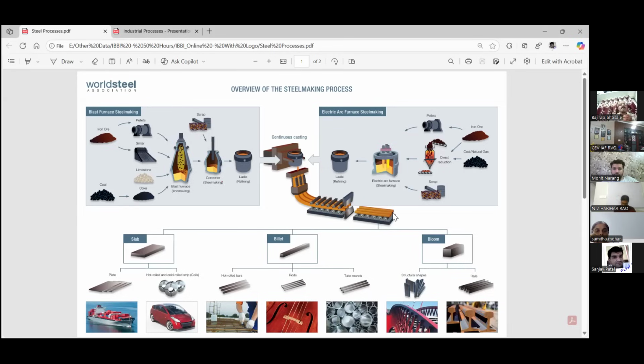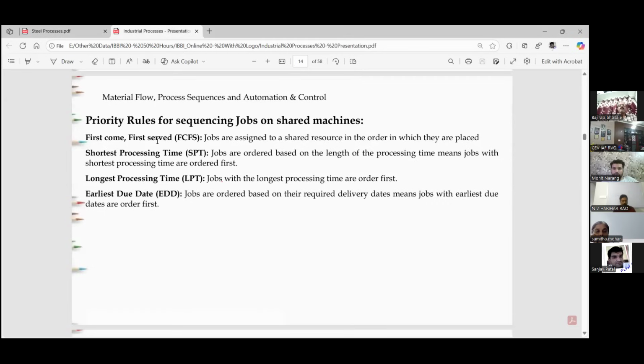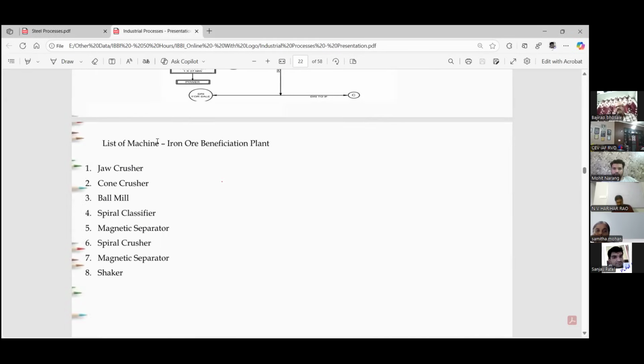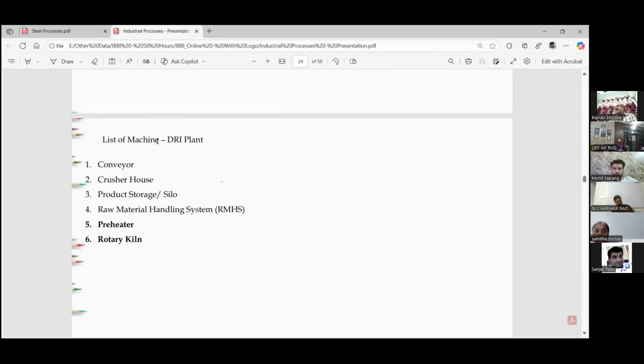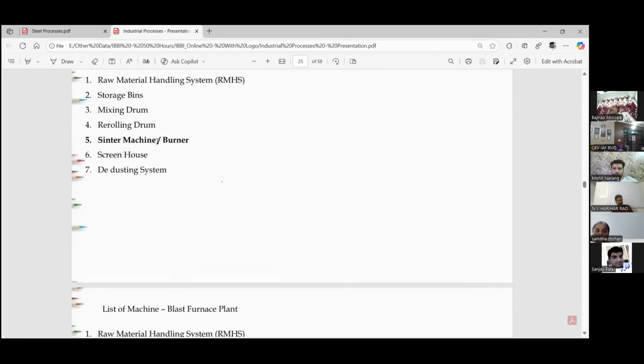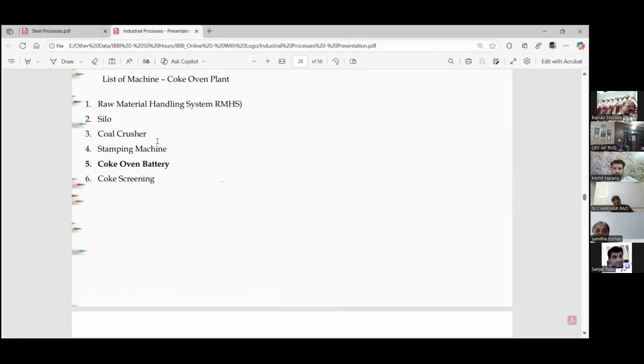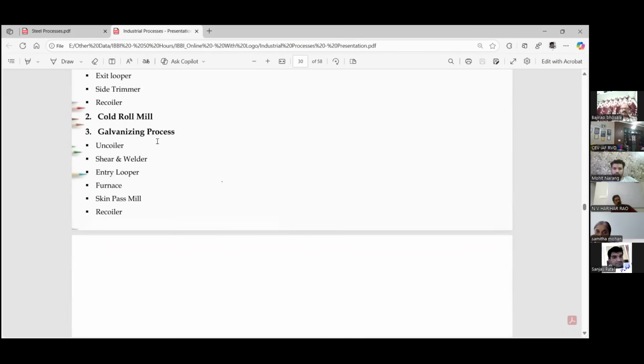All other types of utilities are there, but the major core process machineries are these. Okay. So any doubt in the steel industry? The entire list of the machineries is given in your slide material for understanding how the processes are done.